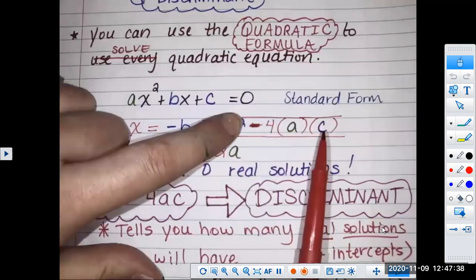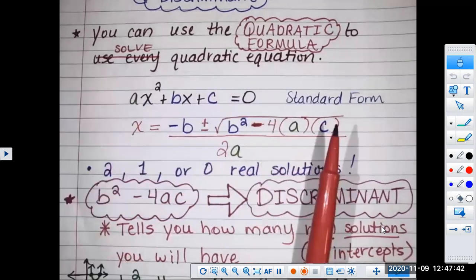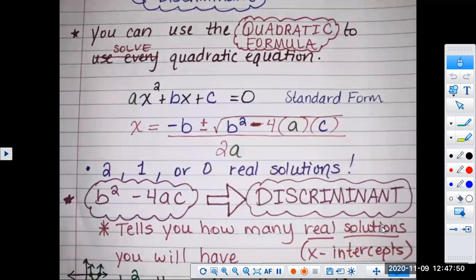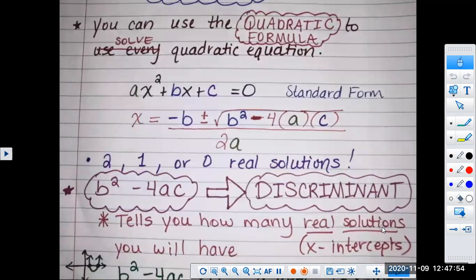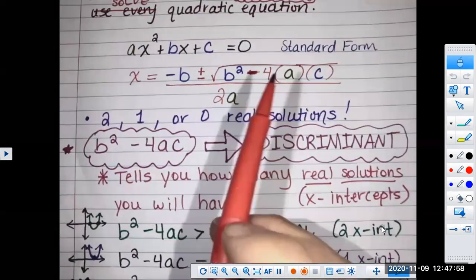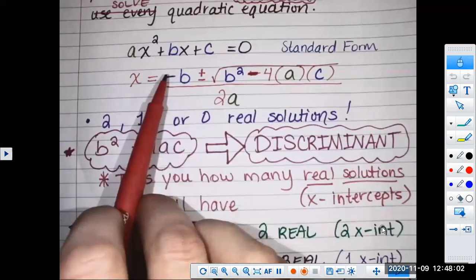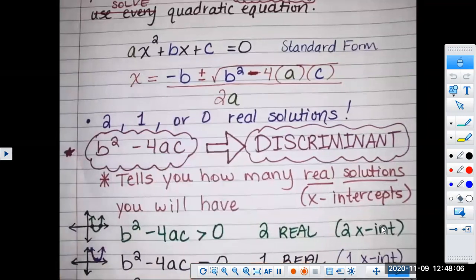This is the way I do it: I'll multiply all of this together, negative 4 times a times c, and then I'll just add that to this positive number. And always make sure, in the front, you do care about b's sign. You'll switch the sign, and then plus or minus, 2a on the bottom.